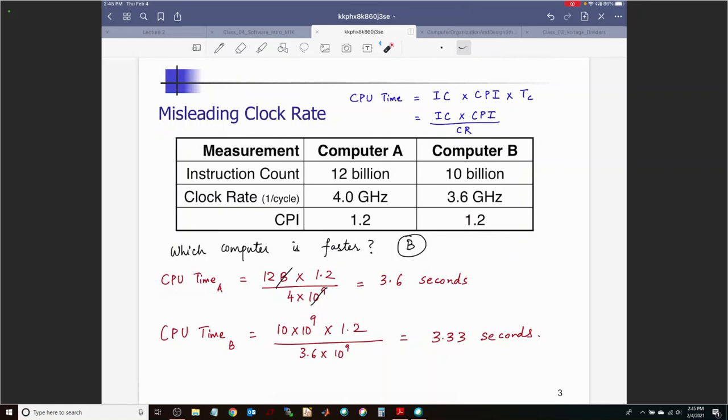And then the other is throughput. Throughput is a server, for example, working on a bunch of programs called the workload. How much time does it take to finish a given amount of work? So throughput and response time, which is the execution.